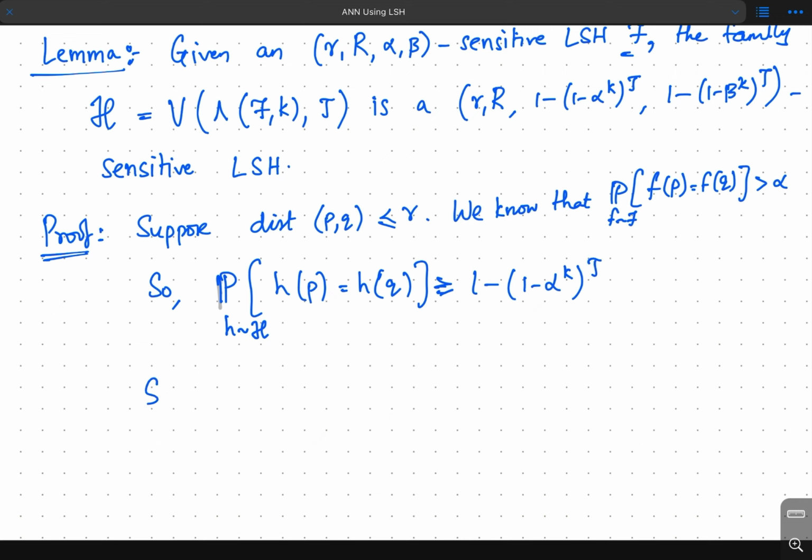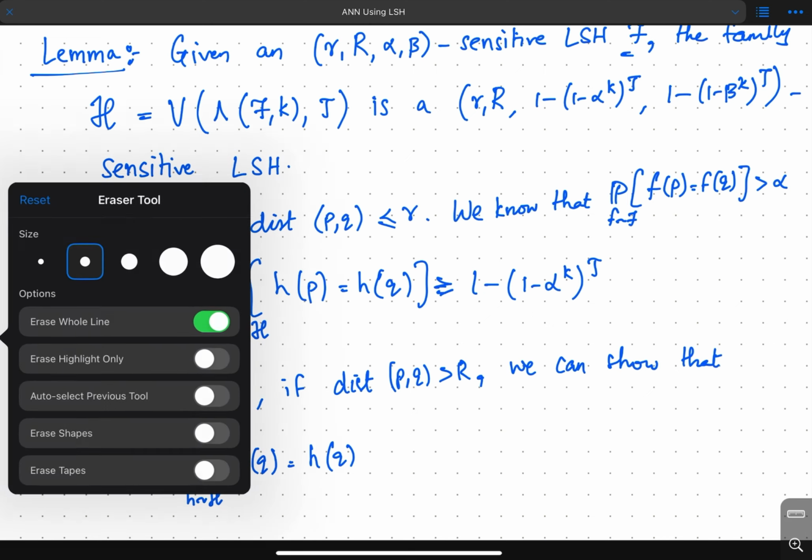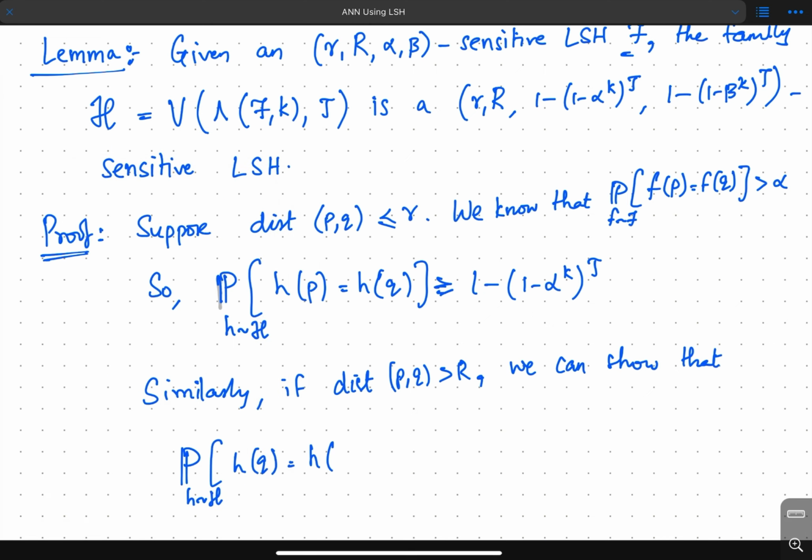Alright, so similarly, if the distance of P, Q is greater than R, then we can show that the probability, over H sampled from the family H, that H(Q) is equal to H(P) is at most 1 minus (1 minus beta^k)^tau.